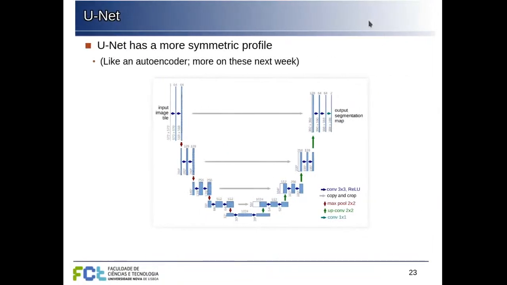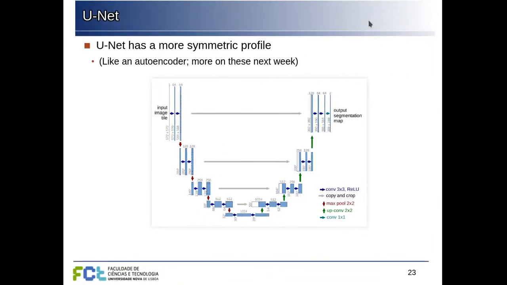UNet did this differently, and this one seems to work better. It has this symmetric profile that is similar to an undercomplete autoencoder. We're going to talk about autoencoders next week, but the idea here is that we start with the original resolution of our image, and then we do convolutions and pooling and convolutions and pooling, and we reach a representation that has many more feature maps than we started with, but a very low resolution in the spatial dimensions of the original image.